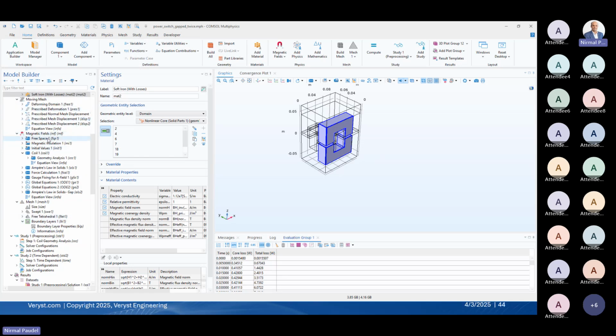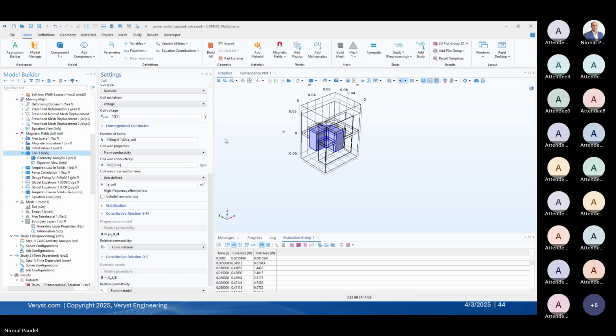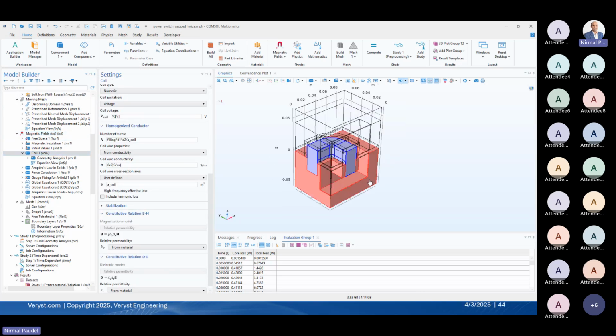So on the physics side, we have the magnetic fields physics, and we have a coil that has been excited with 10 volts, and we have some parameters that define the filling factors, the cross section of this geometry divided by the cross section area of each of the tiny wires.